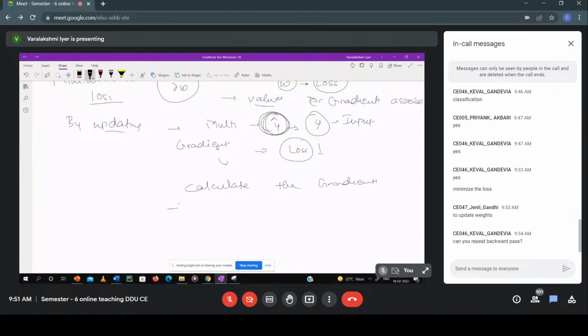In the case of linear regression, if you recall, we were calculating the gradients associated with W as well as with bias. We were calculating the gradients associated with all the parameters present in a linear regression model. Similarly, in this case also, we'll be calculating the gradients associated with all the weights in all the connections that we have.